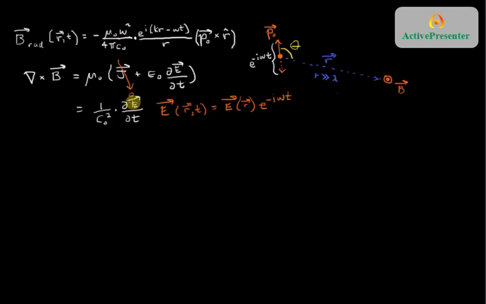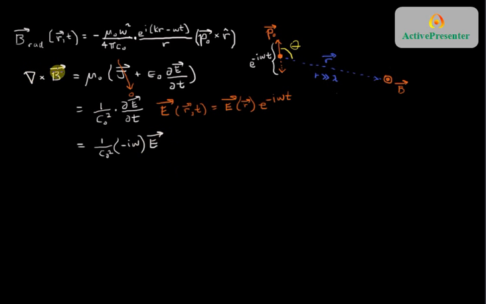So the derivative of E with respect to time is actually E itself multiplied by minus i omega, a property of exponentials. That makes life very simple here, because now I can write that this is equal to 1 over c naught squared times the minus i omega factor from taking the derivative of this, and then everything else combines back together again and just gives me E.